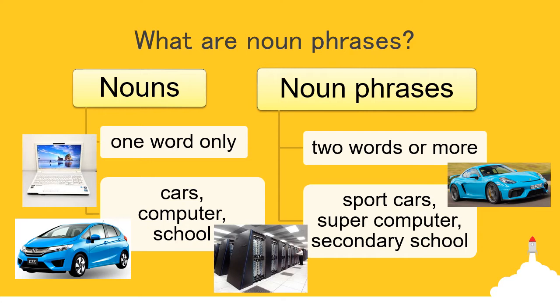Usually when we use simple nouns, we may say cars, computer, or school. However, when we want to make the meaning richer or more specific, we may use noun phrases. So instead of cars, we may say or write sport cars. Instead of computer, we may say or write supercomputer, and so on.